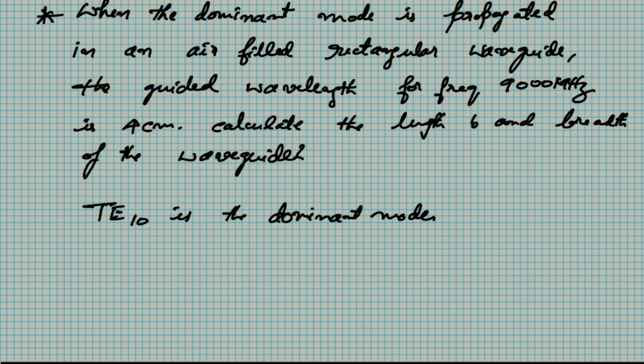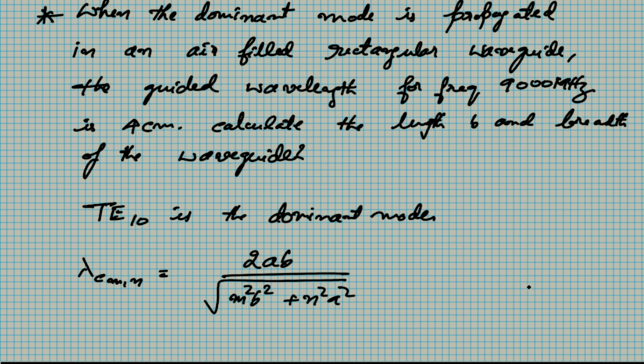Okay, that's fine. So let me try to write the cutoff. Generally, the lambda cutoff of m comma n is given by 2ab divided by under root m square b square plus n square a square, isn't it?